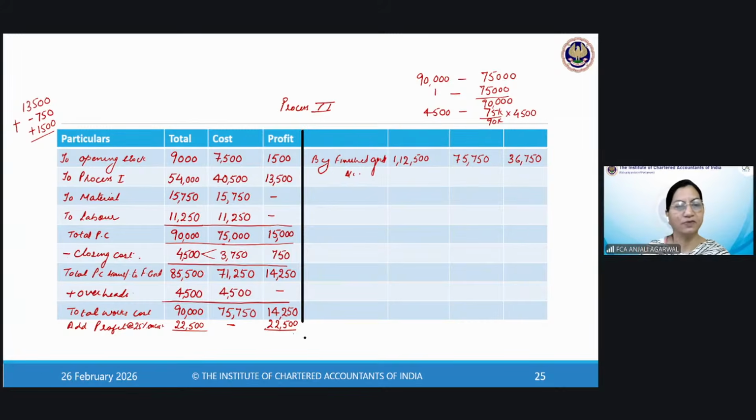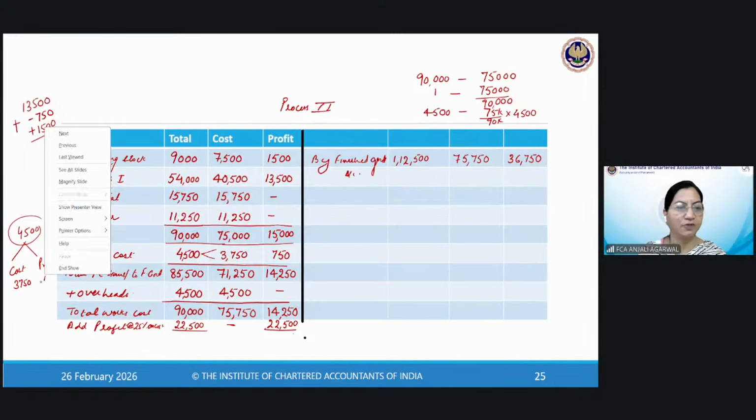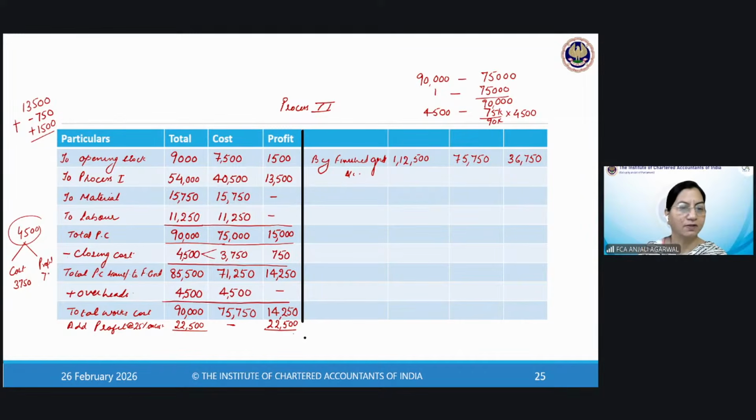Proportionate cost is not reduced, it's the closing stock we are reducing. But we are trying to figure out that of the total value of 4,500 in the closing stock, how much is the cost and how much is the inter-process profit. So for that, we applied this proportionate method and we found that the cost was 3,750 and the inter-process profit was 750. So that will become blocked here.